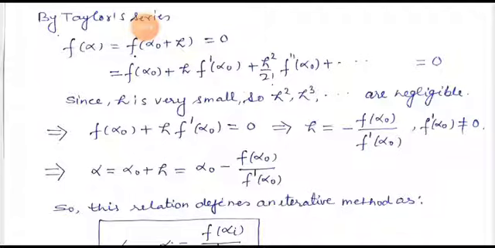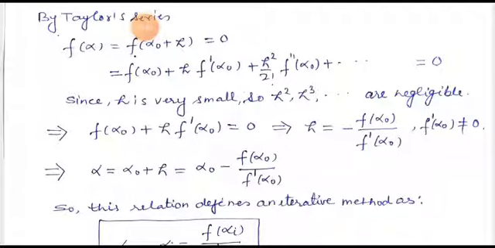So the equation can be written as f(alpha 0) plus h f dash(alpha 0) is equal to 0, because h square, h cube, h4 are negligible and treated as near about 0.